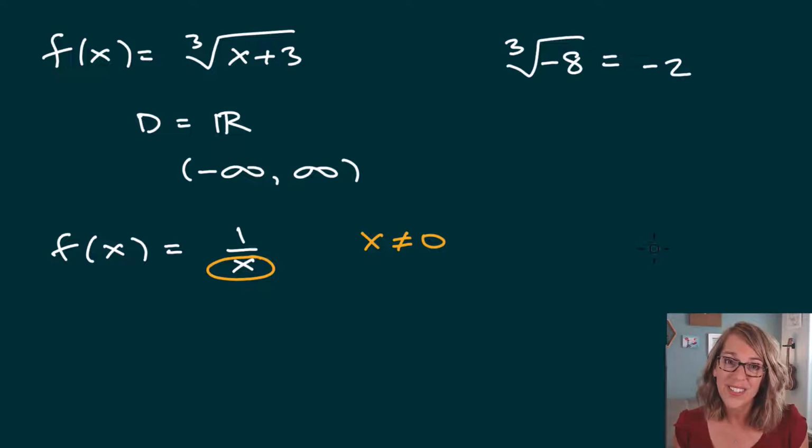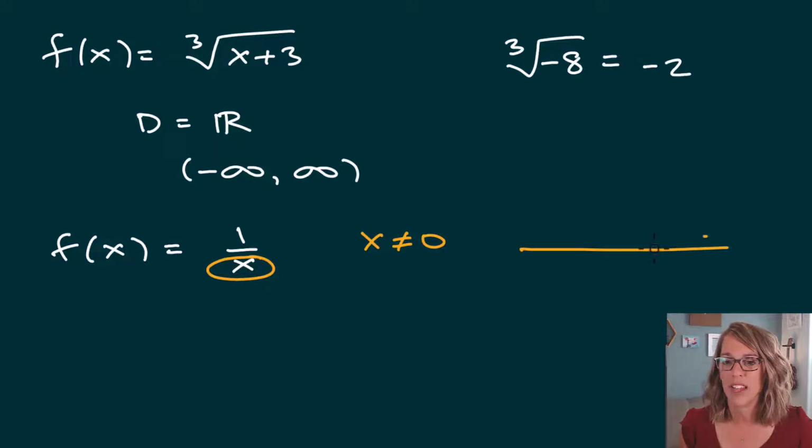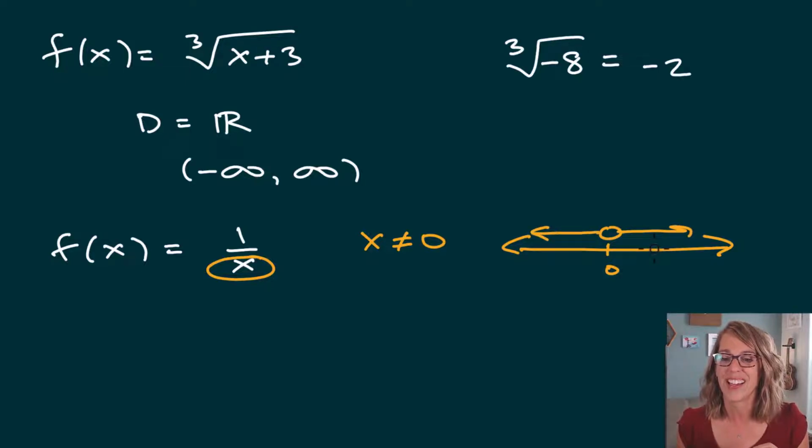To express the domain here, I want to think about that number line. So on the number line, I can take everything except for 0. So I'd have an open circle here, and then everything on either side. Let's put this into interval notation. So this is going to go down to negative infinity. That's my lowest number. And then it's going to come up to 0, but not quite hit it.